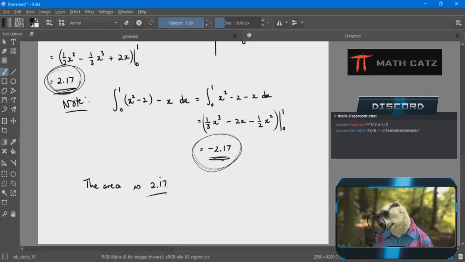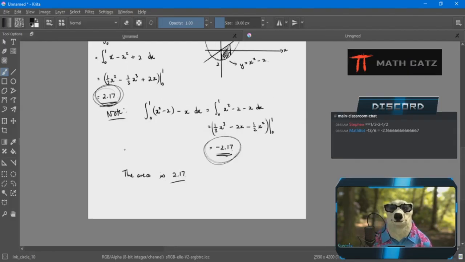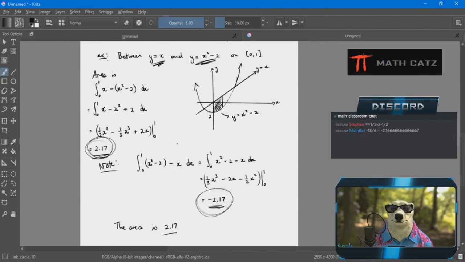So it's actually much safer than it seems originally, in that I'm not reliant on the graph. If I don't know what the graphs look like, I don't know how they sit in relation to each other, I could just guess. Pick a top, pick a bottom. And if my answer comes out negative, the size of that answer is still correct. And I just drop the negative and say, that's my answer.